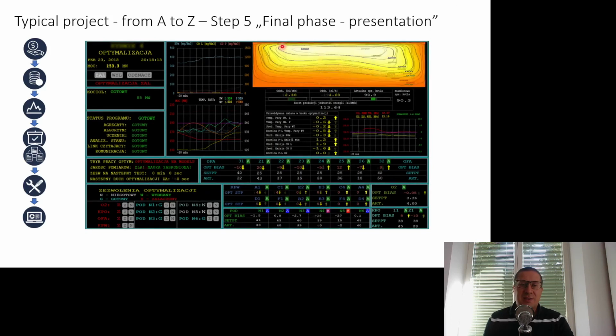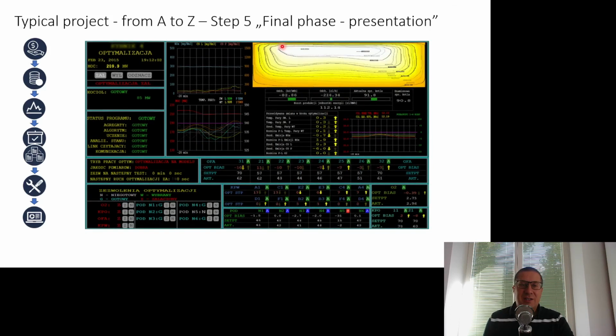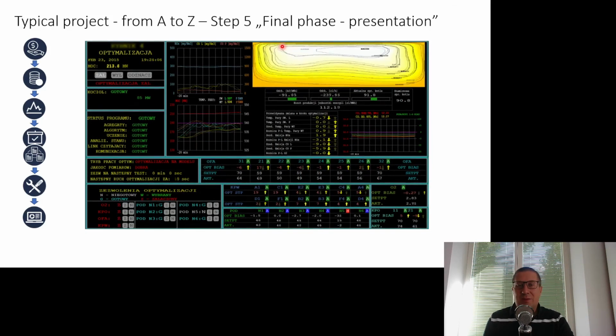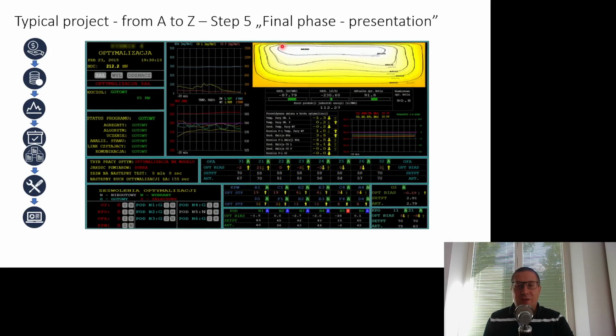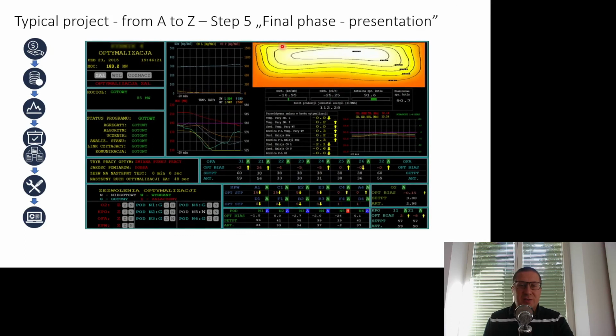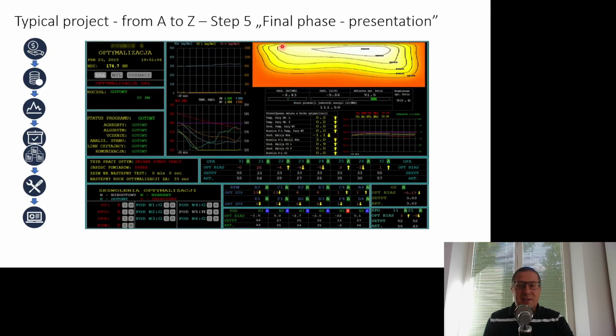Thanks to this, the efficiency of the combustion process increases and the emissions of NOx or CO, so all those harmful gases, are decreasing.